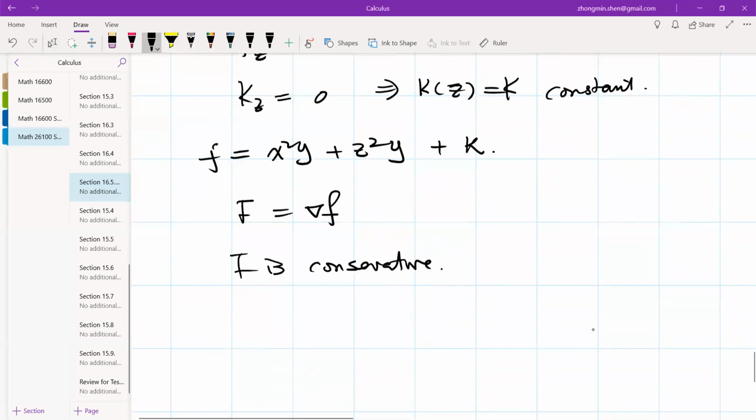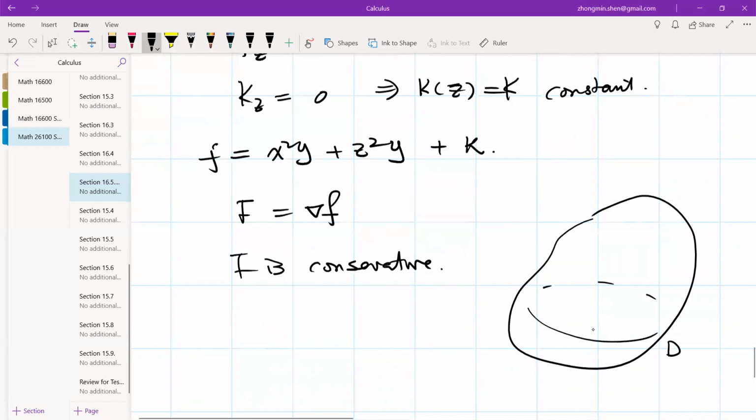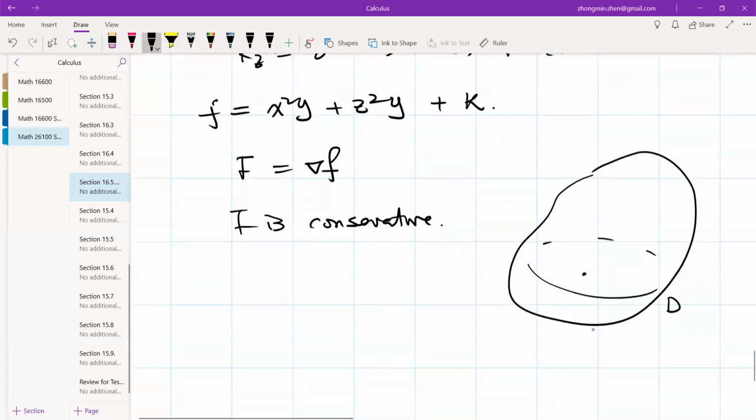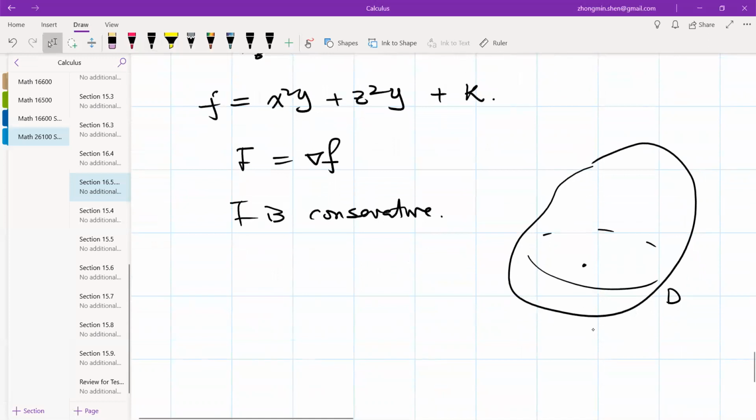The idea is, if you have a domain in three-dimensional space, let's call it A, and the curl of F is 0, the question is whether you can find a little f such that F is the gradient of f.